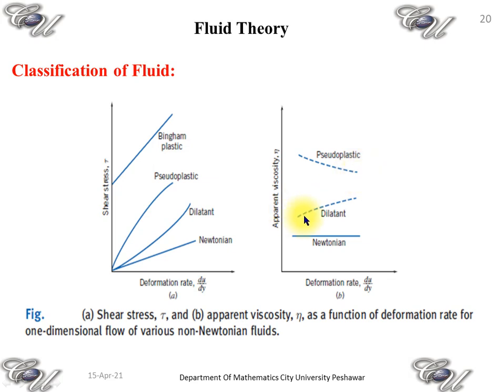While there are some fluids which, when you apply the brush or the stresses, become thicker, and even become solid after some time. Okay, we will have examples of such fluids. Such fluids are called dilatant. I will discuss these one by one in the coming slides.